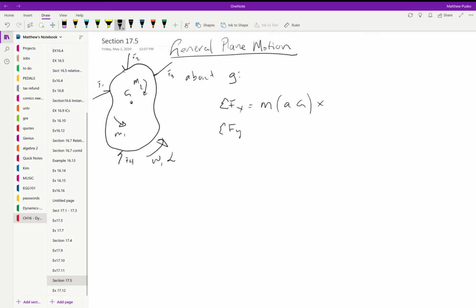The summation of the forces in the y direction is equal to the mass times the acceleration of the mass center in the y direction. But then we also get, if we sum the moments about G, the mass center, we can use the moment of inertia about that spot times alpha. This gives us three equations.